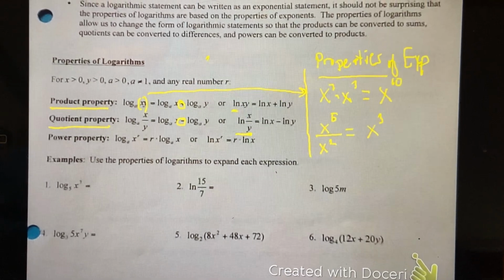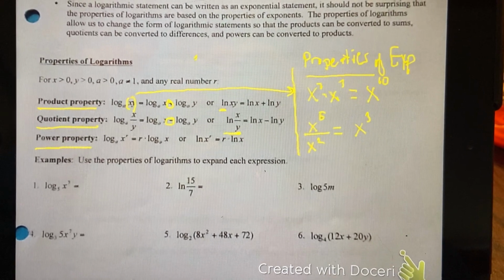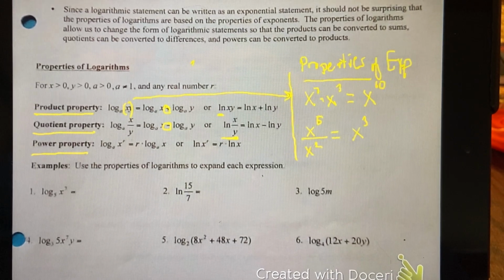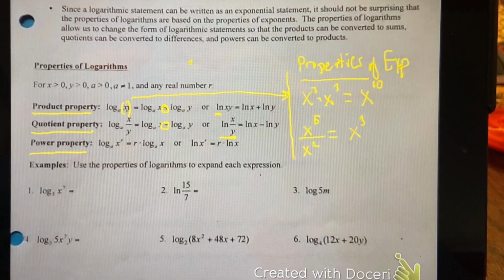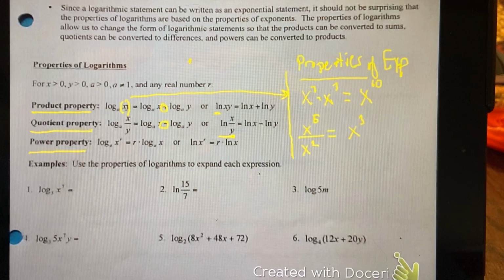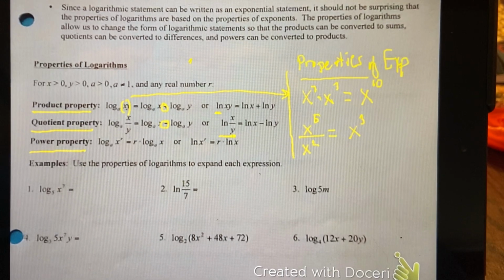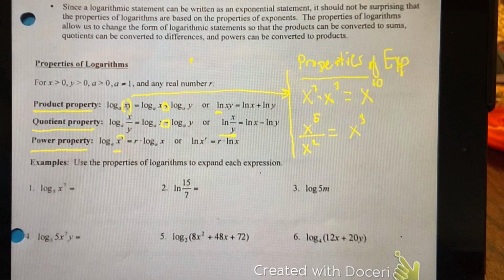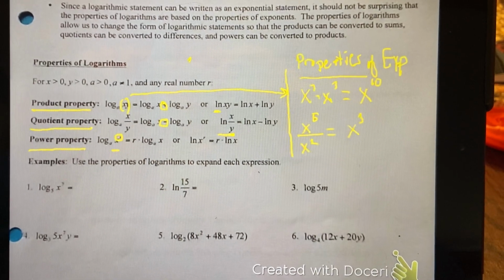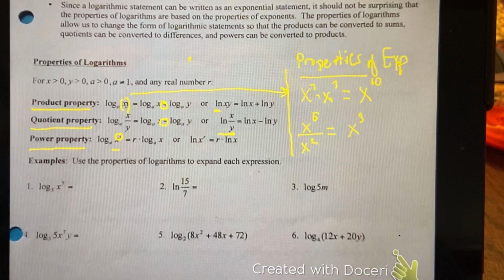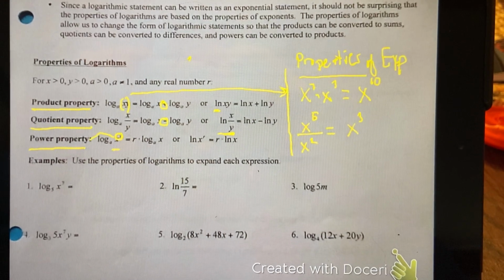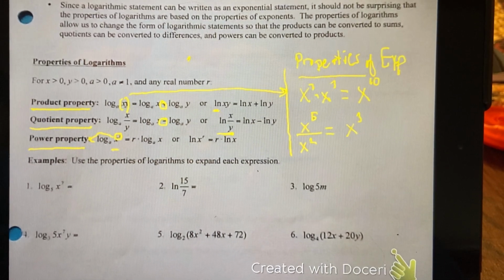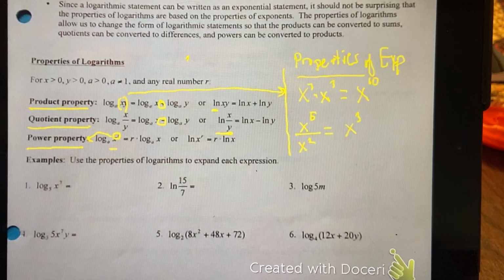The last property we need to know, I call the down and front rule. We cannot have an exponent within a log. The r that I just circled goes down in front. It's in the way, so you just move it down in front.